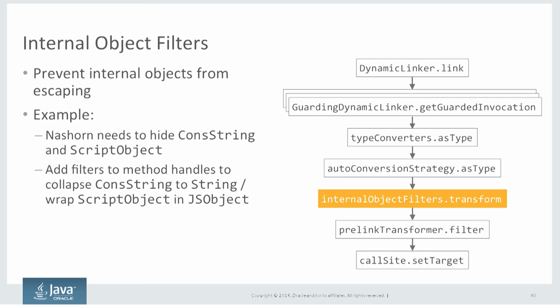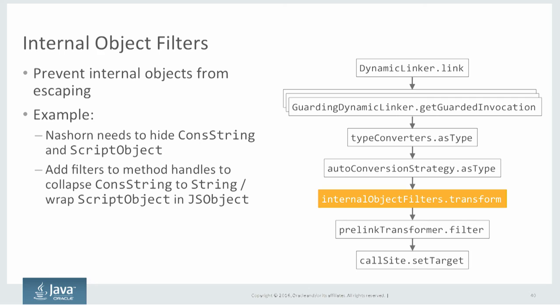Internal object filters. A language runtime should avoid internal objects leaking to the outside world. No, not should, must. Nashorn internally uses, for example, a class called ConsString for delayed concatenation of strings. And also, the internal representation of a JavaScript object is called ScriptObject. And those are not supposed to be observable from the outside.